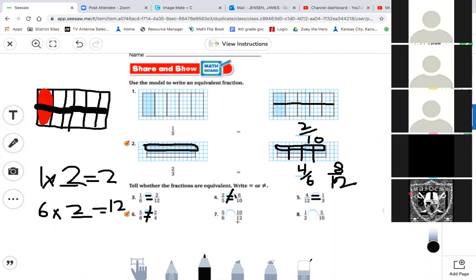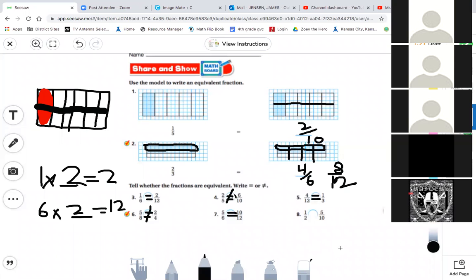What about 6 and 12? Does 6 times 2 equal 12? Yeah, so that means these are equivalent, right? Remember, if you can multiply numerator and denominator by the same thing and get these two numbers, then you've got an equivalent fraction.